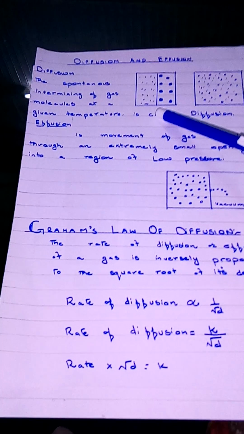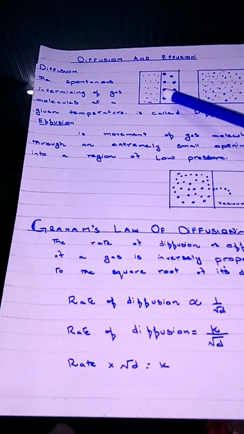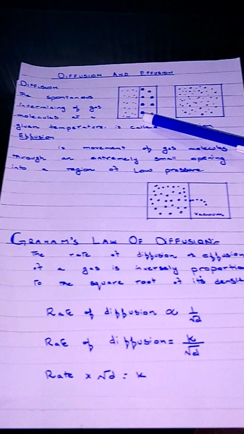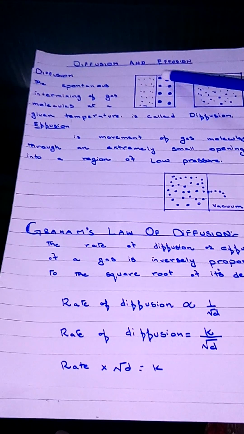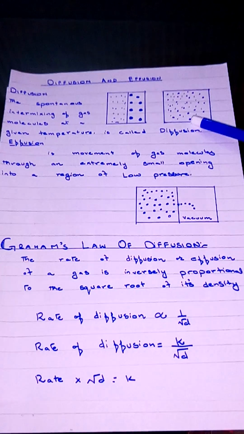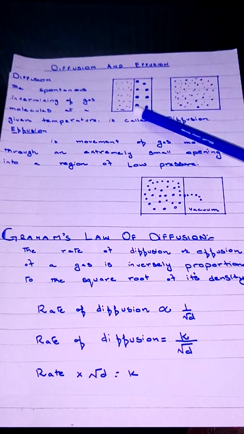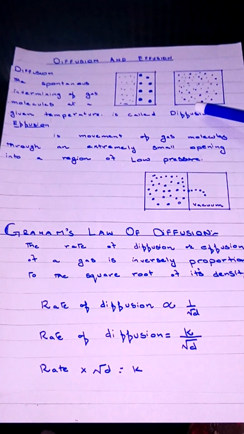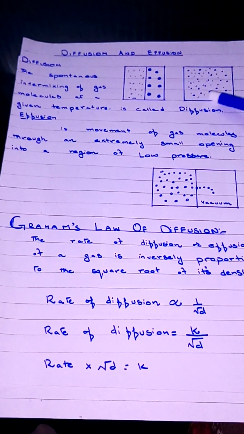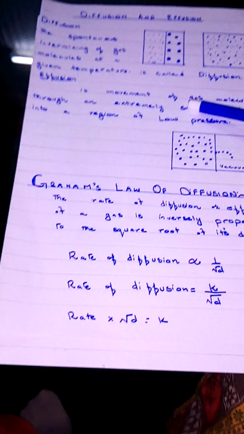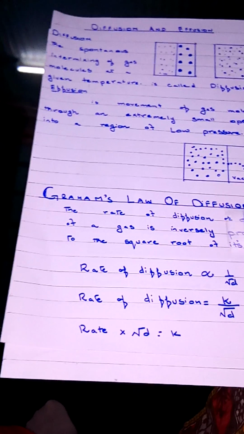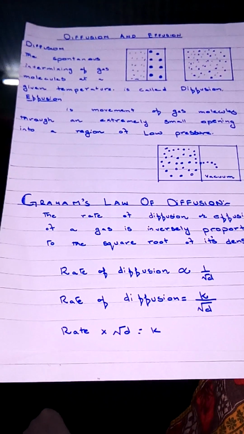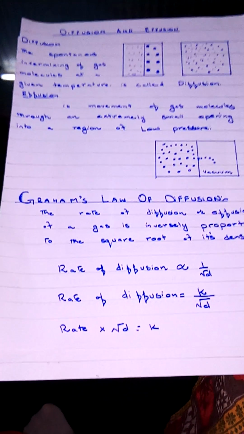Look at this figure. These are two different molecules of two different gases, and when we remove this partition of this cylinder, then these two types of molecules thoroughly mix with each other. This is a spontaneous process, and this is called diffusion. The best example of this is the spreading of the fragrance of a rose or scent, which is due to diffusion.